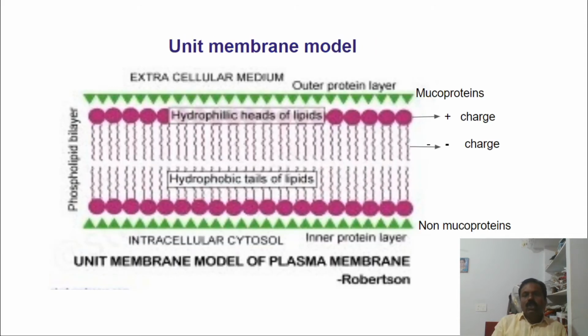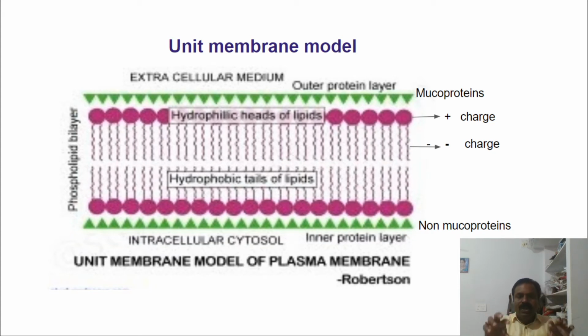And next is the unit membrane model. This is proposed by Robertson. He accepted the trilamellar model of Danielli and Dawson, and he also proposed that not only the plasma membrane, but all membranes present in the cell show the same kind of structure, so his model is named the unit membrane model.